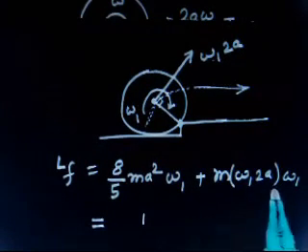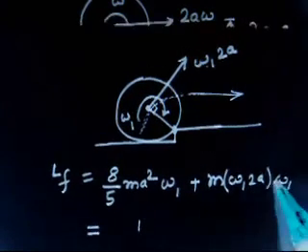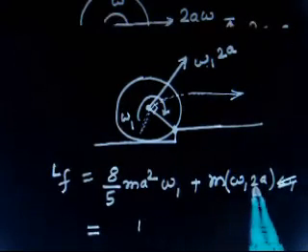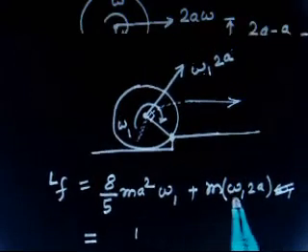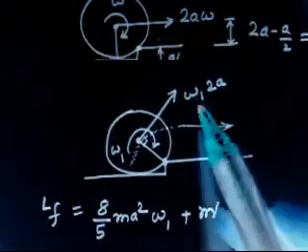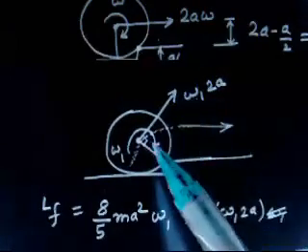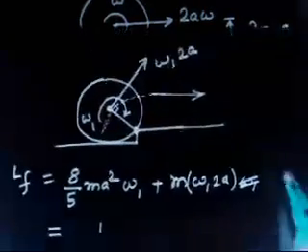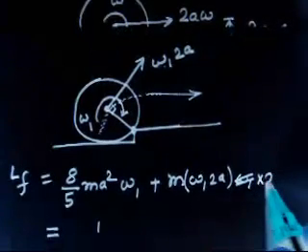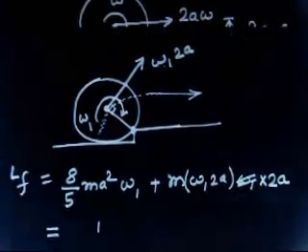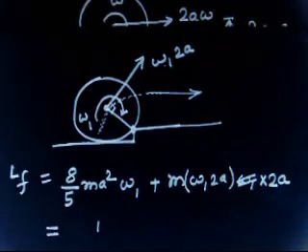So MBR, so no omega 1. So we have written MB is equal to omega 1 into 2a, and R is 2a. So I have to multiply this by 2a. Let us see what this comes.